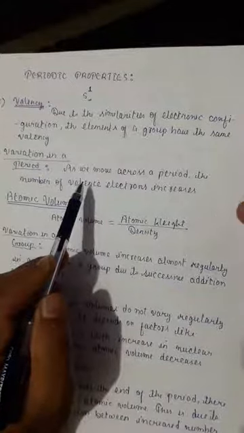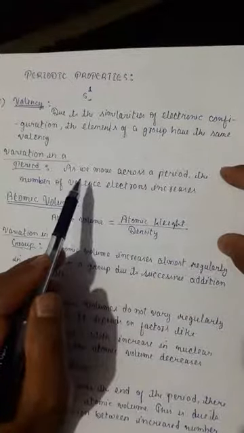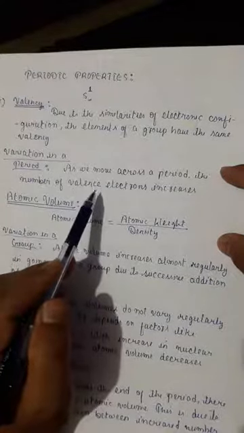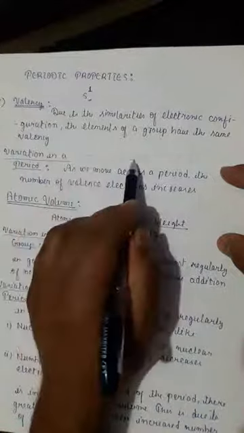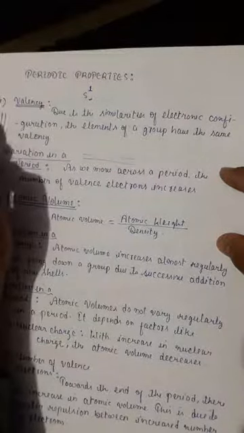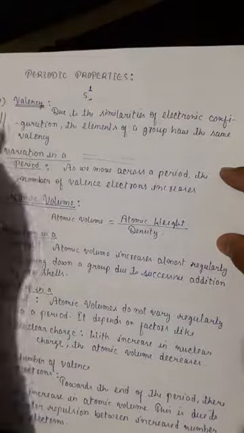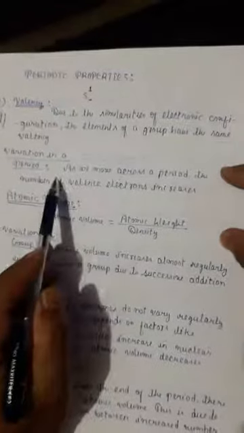So the valency increases, becomes maximum, and then again it decreases whenever you move across a period. If elements are lying in the same group, like same column, their valency will be same. But whenever different elements are present in a row, which is a period, the valencies are not same. So you have to remember this part.